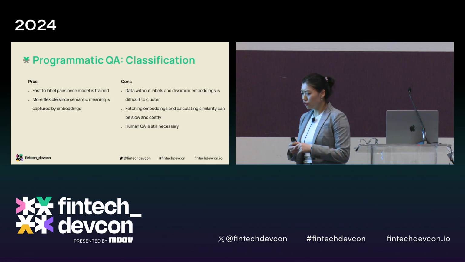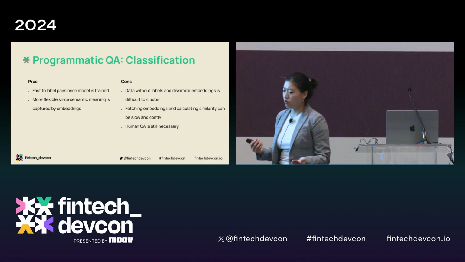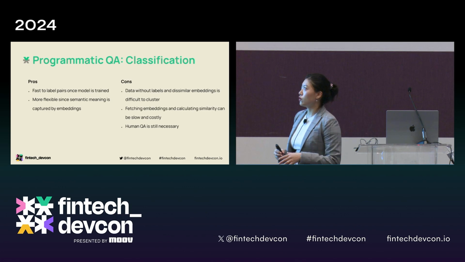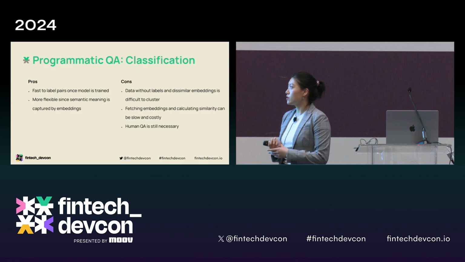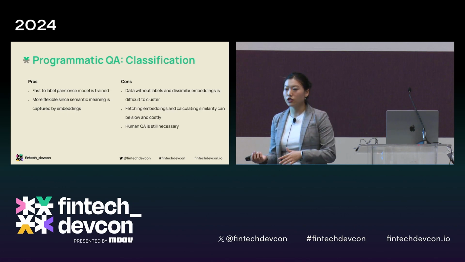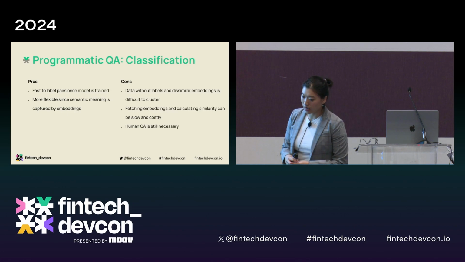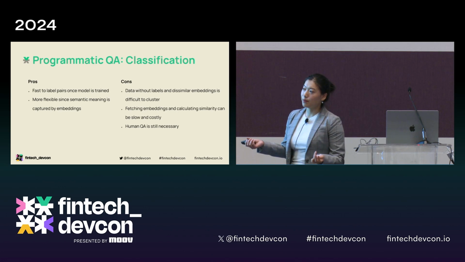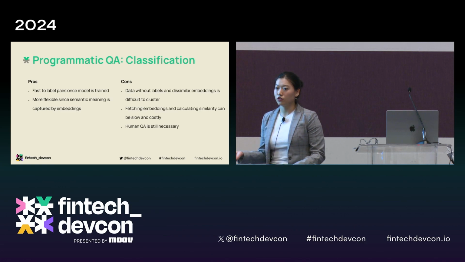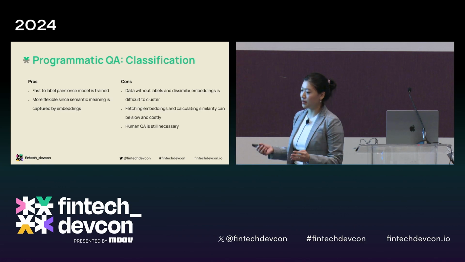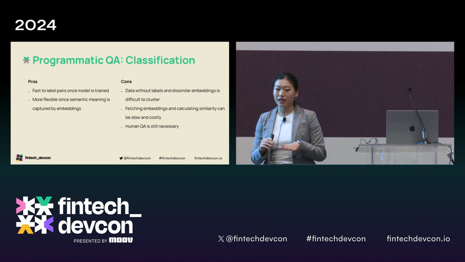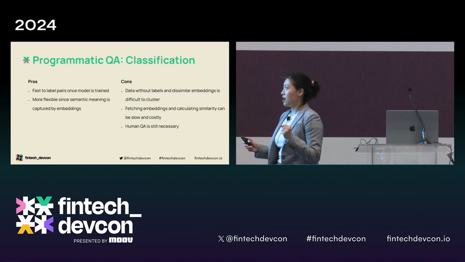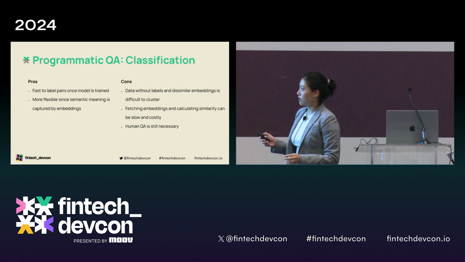However, for data with new or dissimilar embeddings, it is still difficult for us to predict the labels. Plus, fetching the embeddings and calculating similarities can be slow and costly. And lastly, because it is a model, we can't really trust it 100%, and because of our very, very high data accuracy standard, we still need some human QA to ensure the accuracy of it.